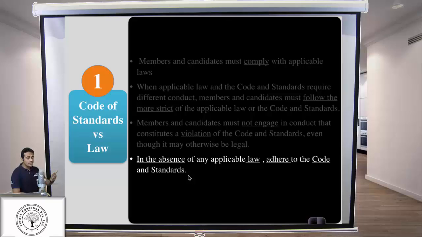That means you guys are my clients, you come to me. I tell you that last year I was able to earn 20% return for my clients. Previous to that, I was able to earn 25%. But maybe that 20% is not the correct number. Maybe I am manipulating a little. So Indian laws are a little not strict on that front. But then we have the code of standards which tell us how to calculate. So if there is no law, then simply be in compliance with the code and standards.